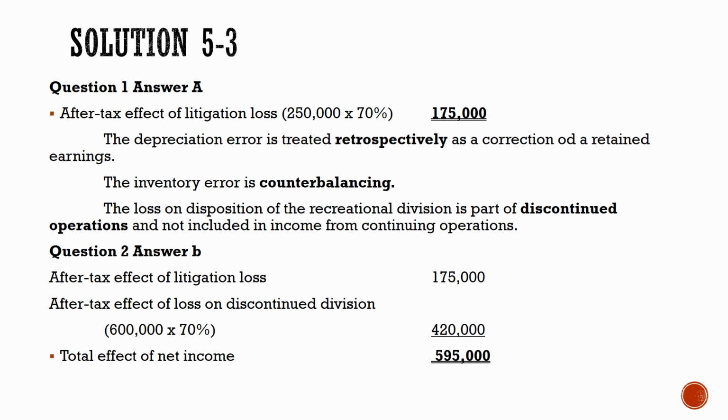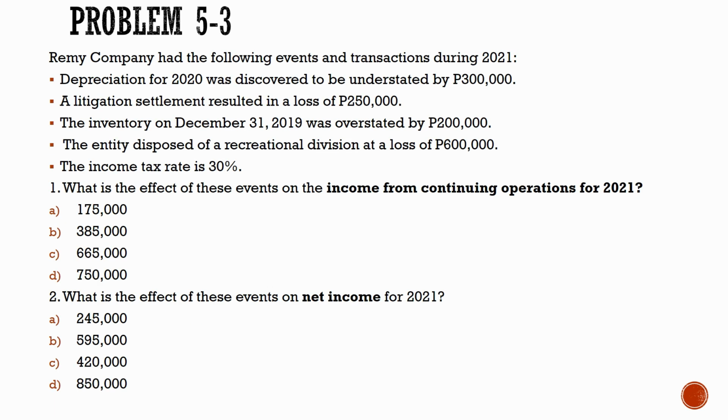Miss Valenzuela. For the second question, What is the effect of these events on net income for 2021? So dito sa problem nito ay pumapasok yung separate disclosure, and paragraph 98 of PAS 1 provides the circumstances that would give rise to the separate disclosure of items of income and expense, and kasama dito yung litigation settlement and discontinued operation.